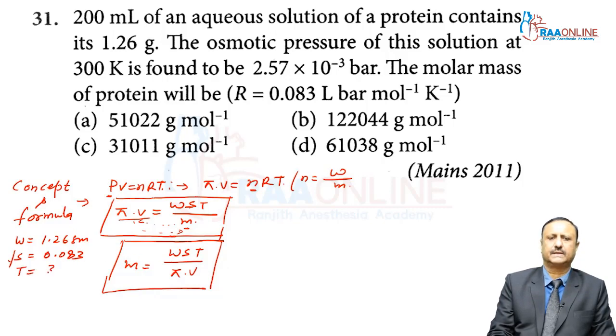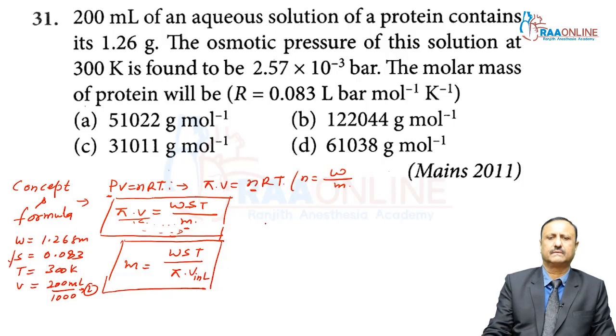Temperature T is 300 Kelvin, and volume V. Here the volume is, my dear students, 200 milliliter. But here you take the volume in liter. So, this is divided by 1000 and converted into liter.